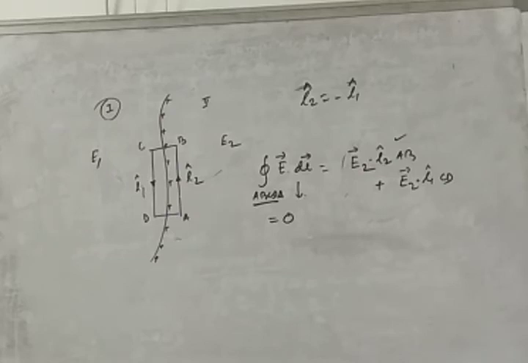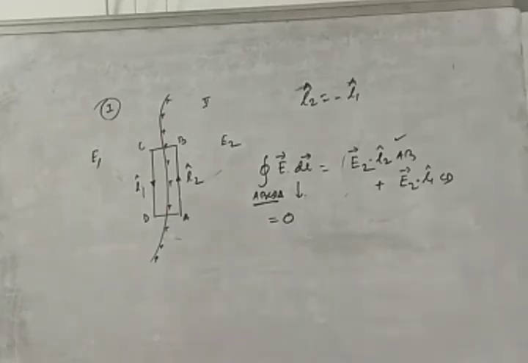Here the field is electric in nature, that's why it is called electric field. And we know, like the gravitational field, the electric field is also a conservative field. That's why, from the property of the conservative field, the line integration of the field around any closed path must be equal to 0. So E dot DL over the closed path ABCDA is equal to 0.